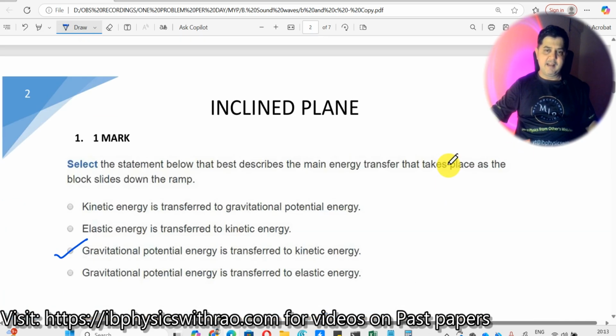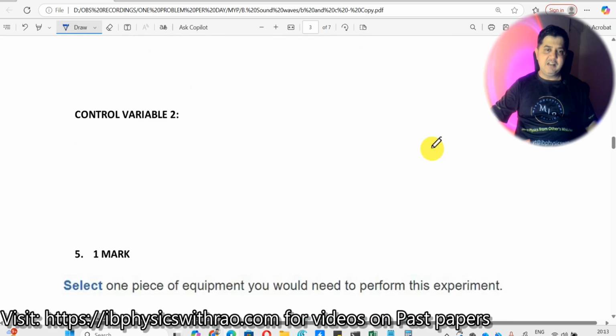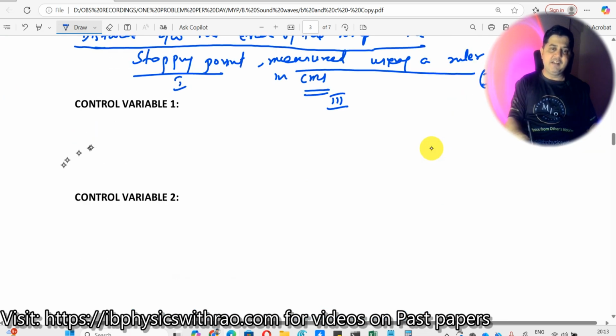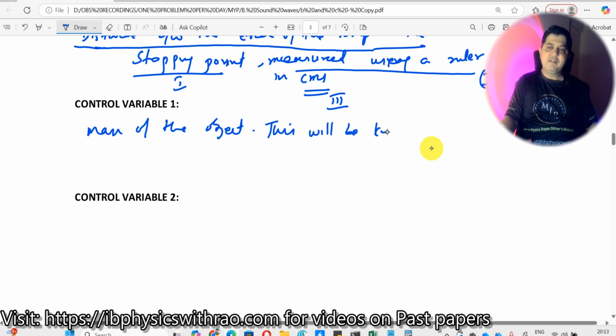Let me go back here and let me write down. The first one is mass of the object. This will be kept constant. What is the value? 0.1 kg throughout the experiment. Okay.